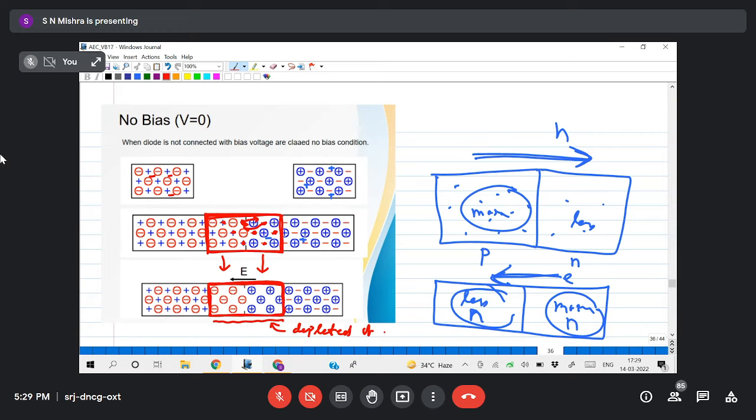Depleted of charge carriers. This area is depleted of charge carrier, mobile charge carriers. I'll not find any mobile charge carriers here. And due to this, this region is called as depletion region. Understood?